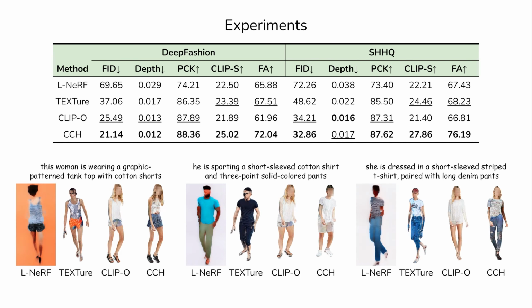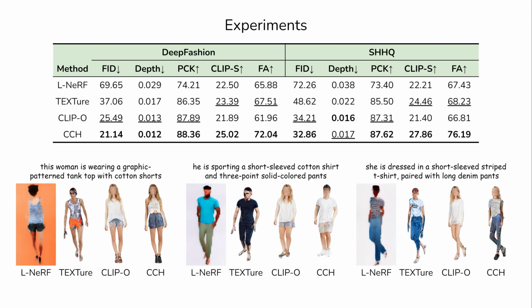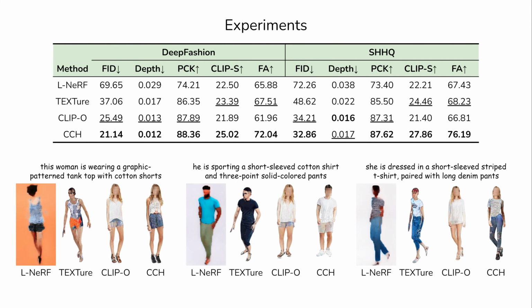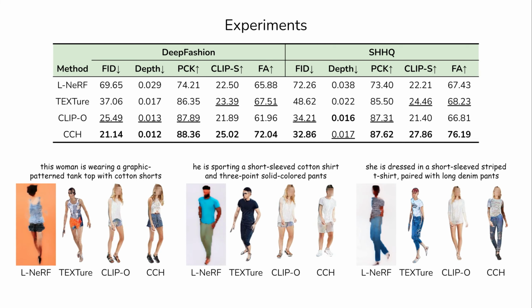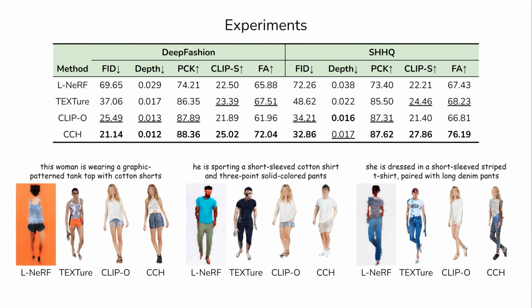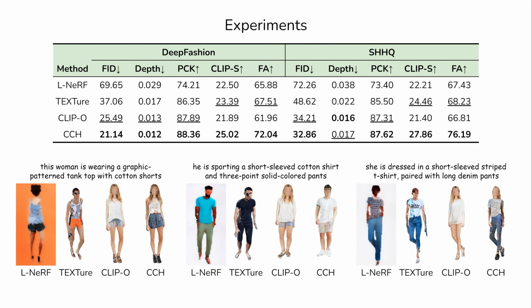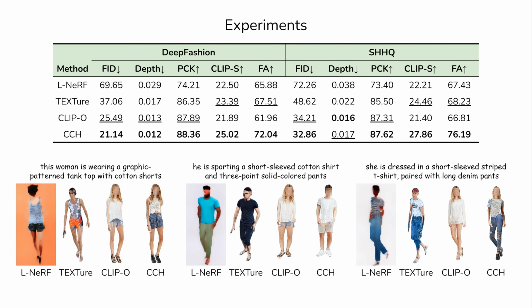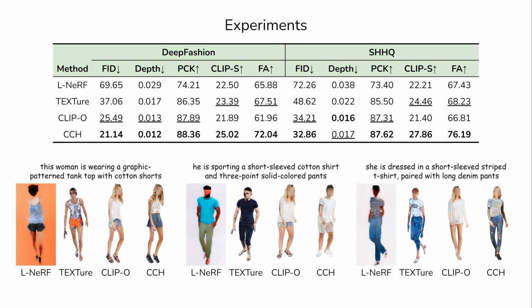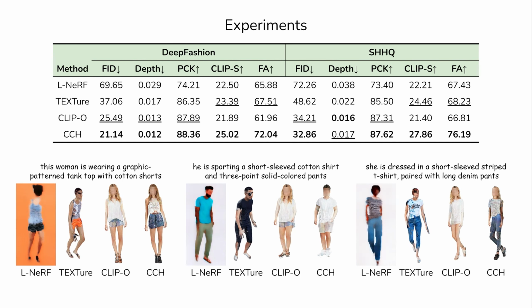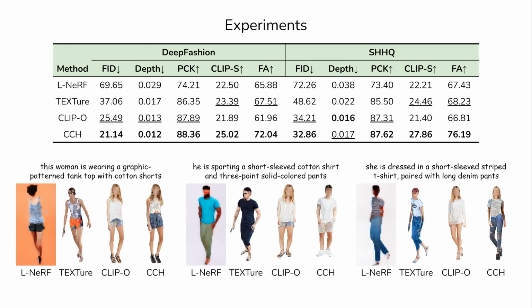And because our CCH is using the compositional human with the cross-modal attention, we can fuse the fashion features directly into the NeRF features, so that we can have better 3D quality as well as the fashion alignment to the language descriptions. So we can see that we can present the graphic pattern tank top as well as the short sleeve striped t-shirts. And it is obvious that the CLIP optimization cannot present the correct long denim pants.